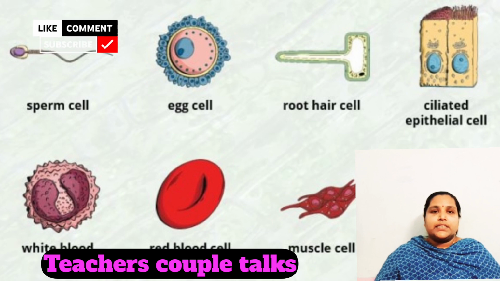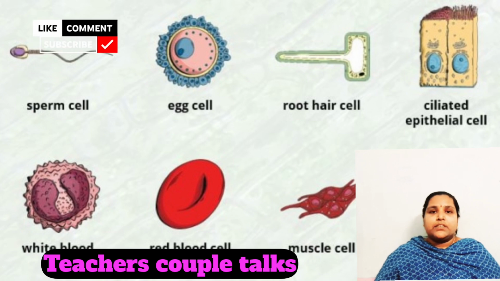Red blood corpuscles are red in color because they have an iron pigment called hemoglobin. They are produced inside the bone marrow. They help in blood circulation and in the transfer of oxygen and food materials.